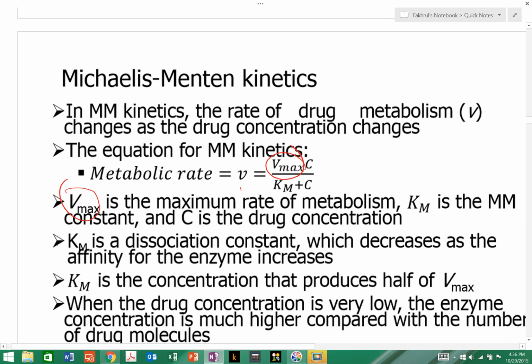Km is a dissociation constant which decreases as the affinity of the enzyme increases. So when Km decreases, affinity will increase. When Km increases, affinity will decrease.